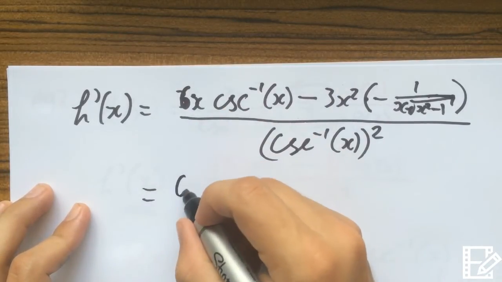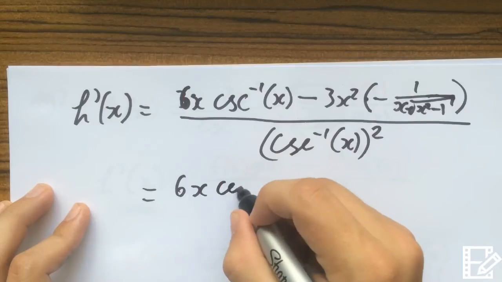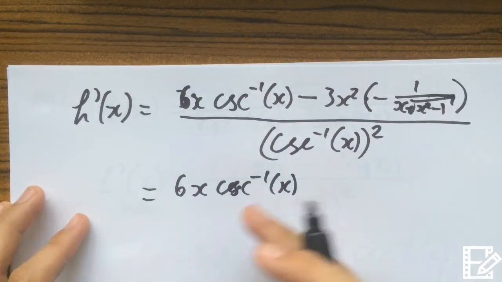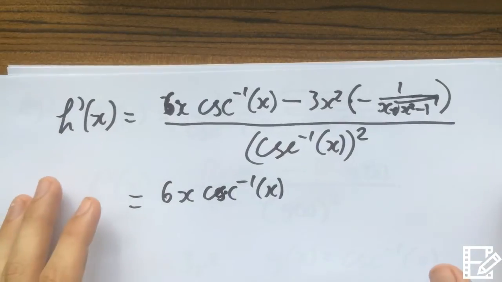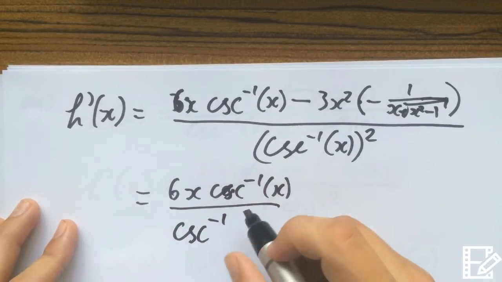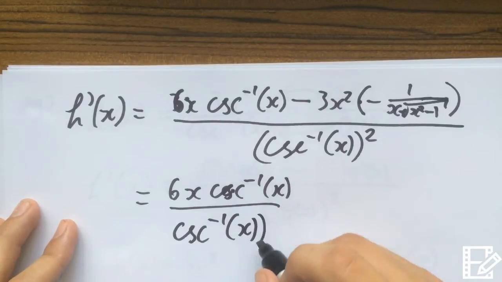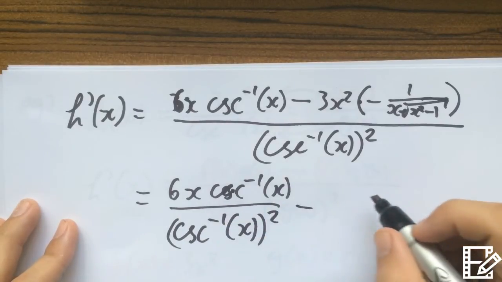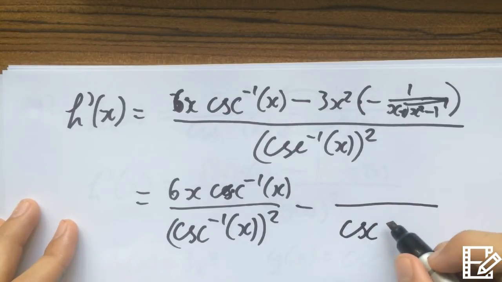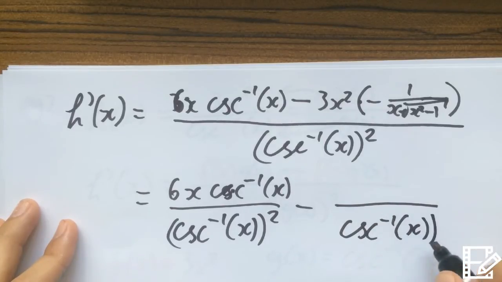6x cosec inverse of x. Well, first of all, I'm going to split it. So we'll have an inverse cosec squared on either side. Should look like this.